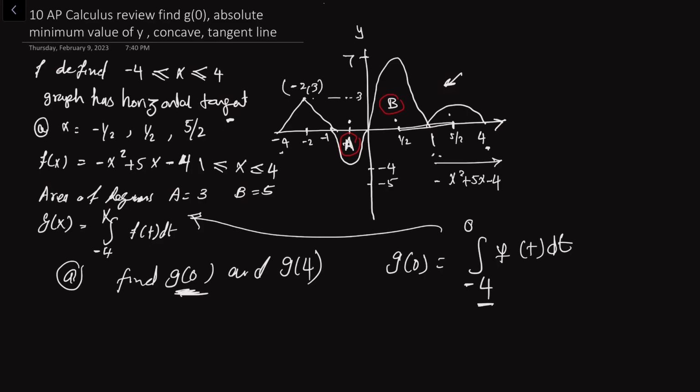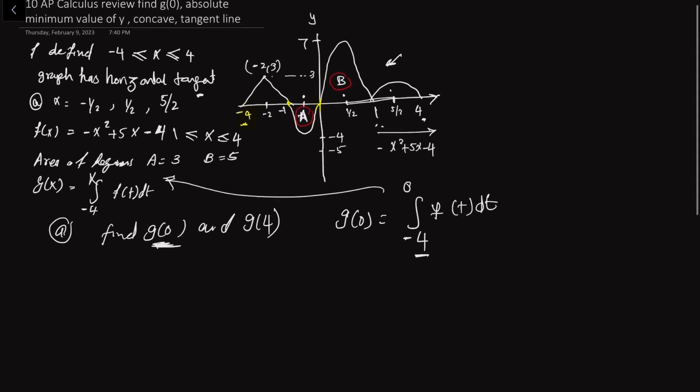From -4 to 0, that consists of two intervals, from -4 to -1, and from -1 to 0. So we're going to break this down into two sections.